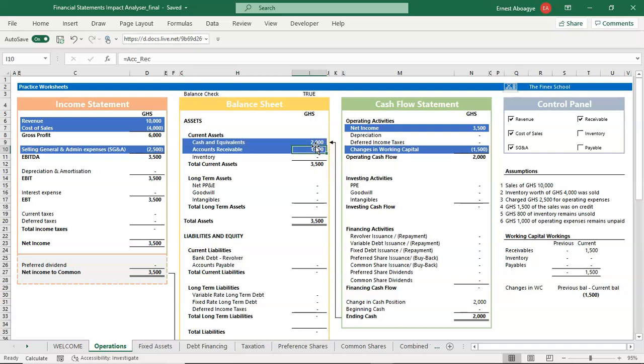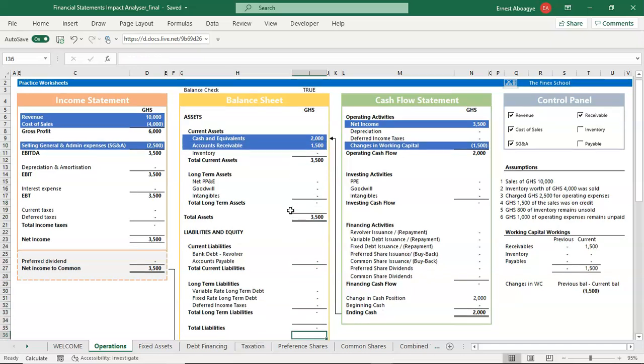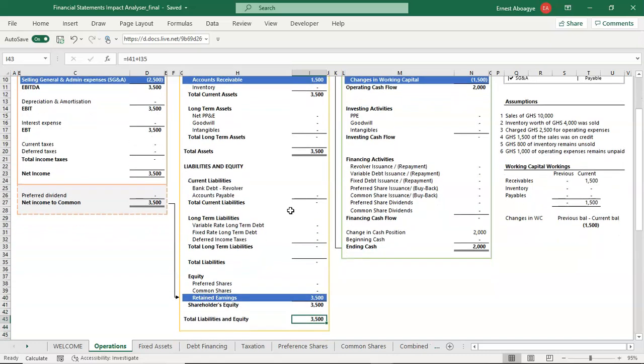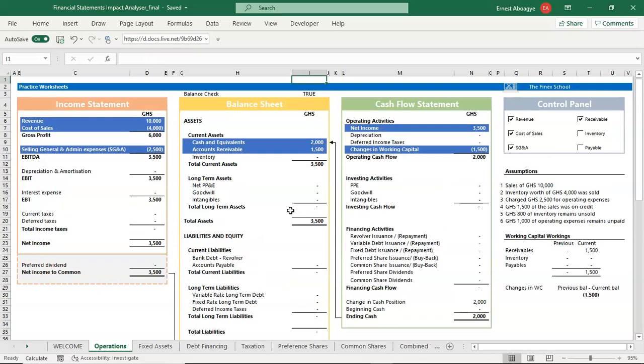Our receivable, which is our debtors, people who owe us, will still be 1,500. It is something we have to collect, and so it's also an asset. But then you realize that the equity section will also show the retained earnings of 3,500, and our balance sheet still balances.